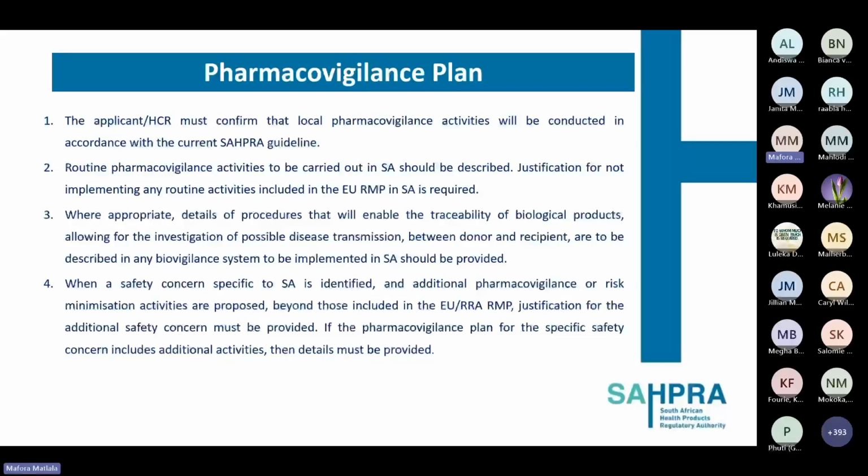When a safety concern specific to SA is identified, additional PV or risk minimization activities are proposed beyond those included in the EU or other RRA RMP. Justification for the additional safety concern must be provided. If the pharmacovigilance plan for the specific safety concern includes additional activities, then details must be provided as well.